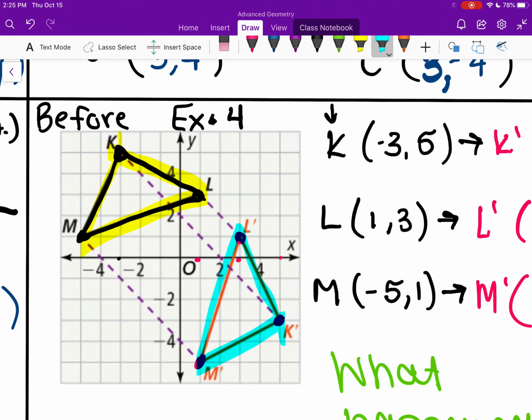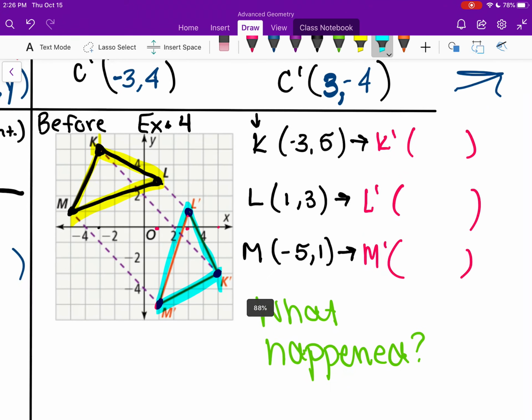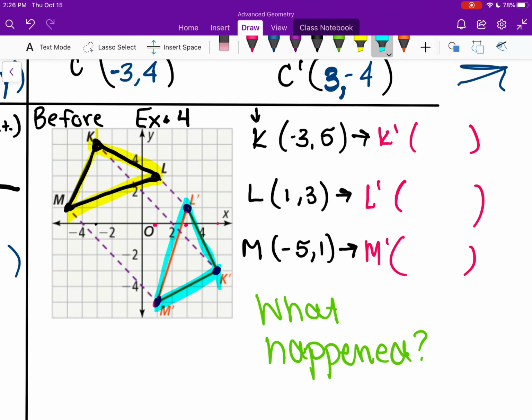We don't know yet what it was reflected over, but I'm going to write the coordinates, and we're going to see if we can figure out what the rule is and what happened. So K was at negative 3, positive 5. K prime is now at positive 5, negative 3. L was at x is 1, y is 3.